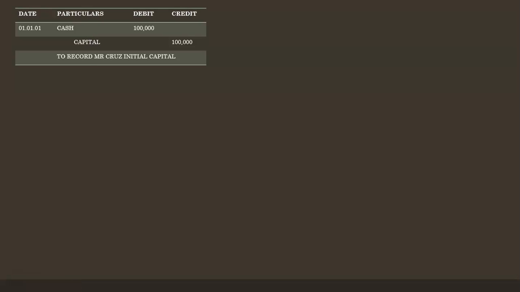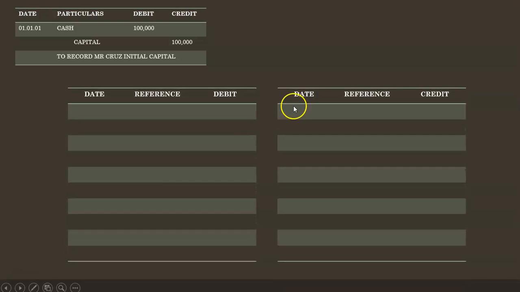So let us now post them. Let us prepare the T account. Why T account? Because as you can see, we have the debit side, we have the credit side, and the account title at the upper part. So we can draw letter T here. Okay, so let us now begin.